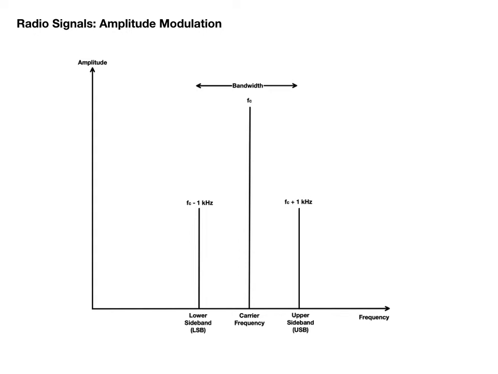So, for example, if you modulate a carrier signal with a frequency of 1 kHz, the frequency of the two sidebands will be the carrier frequency plus 1 kHz and the carrier frequency minus 1 kHz. Amateur radio transmitters limit the maximum audio frequency used to modulate a carrier to 3 kHz, meaning the bandwidth of an AM signal is therefore 6 kHz.